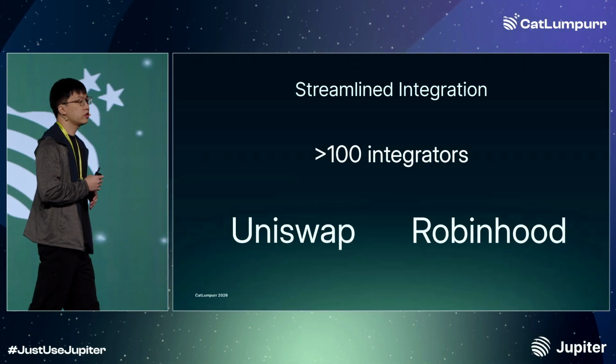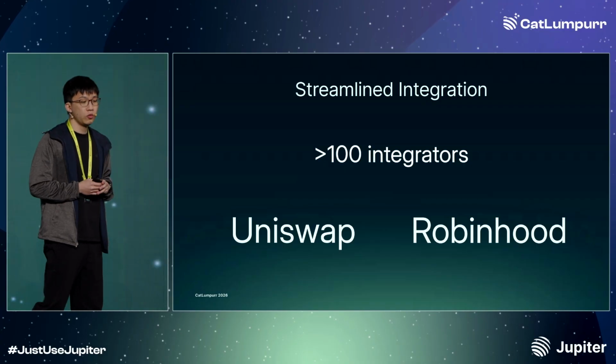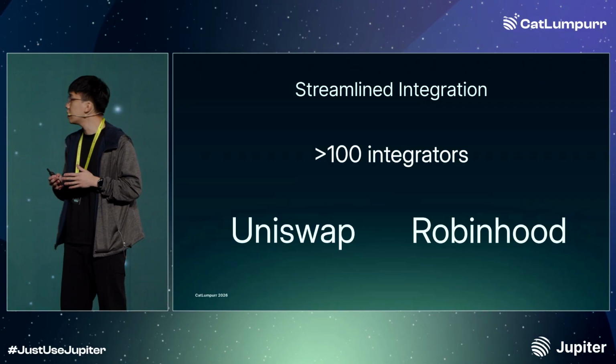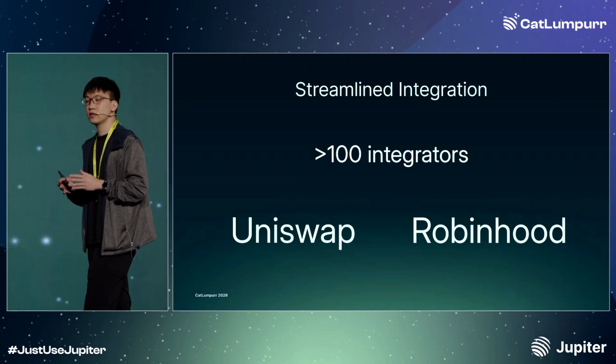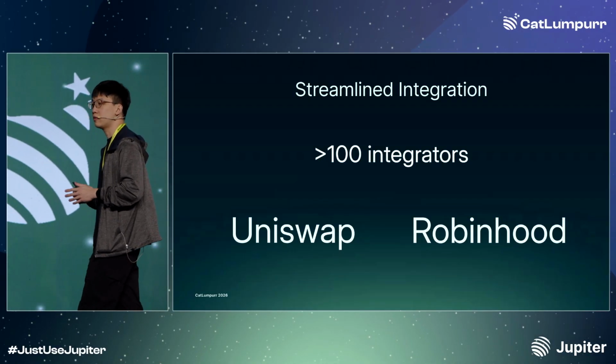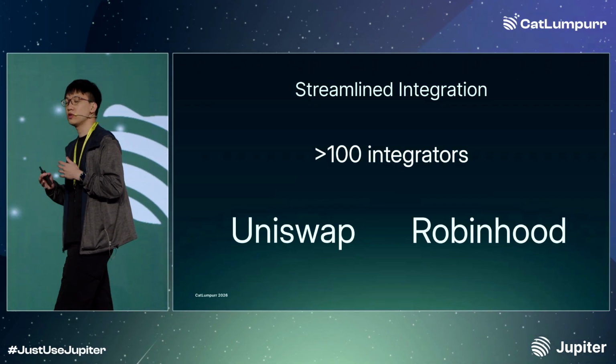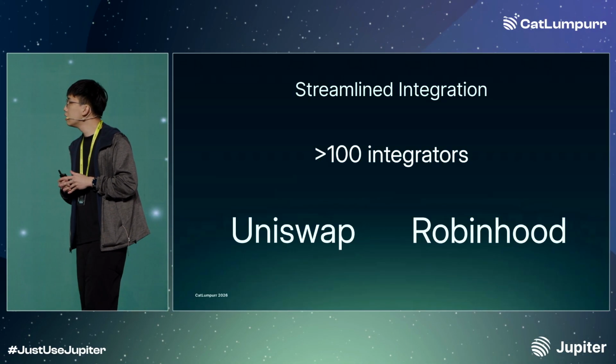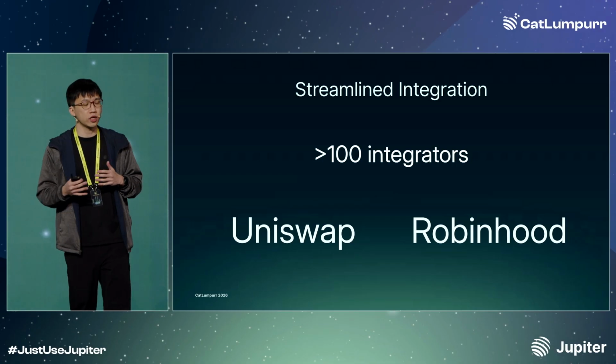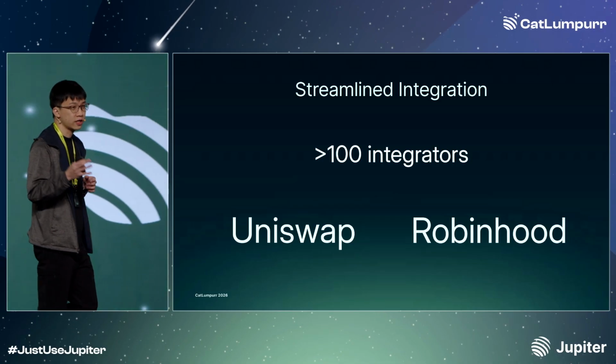Today, we have more than 100 integrators already, with some notable names such as Uniswap and Robinhood. And these integrators are especially important because they bring in new users to the Solana ecosystem. If you're looking to build a new Solana application, look no further than Ultra.